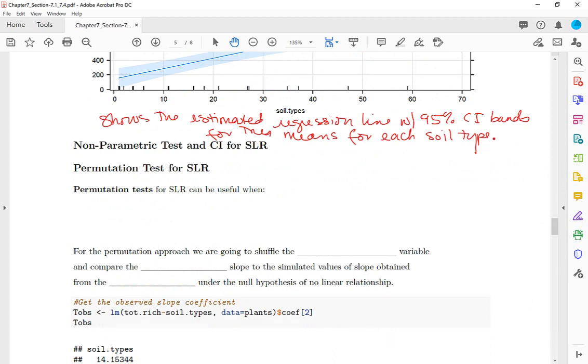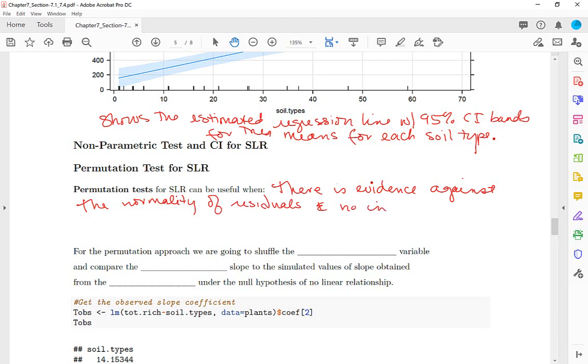Looking at non-parametric tests and confidence intervals, we can use a permutation test for simple linear regression if there is evidence against the normality of residuals and no influential points assumptions.